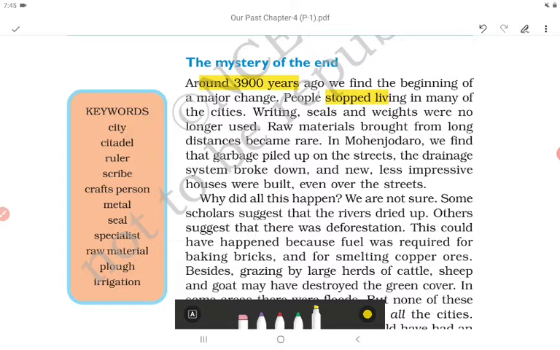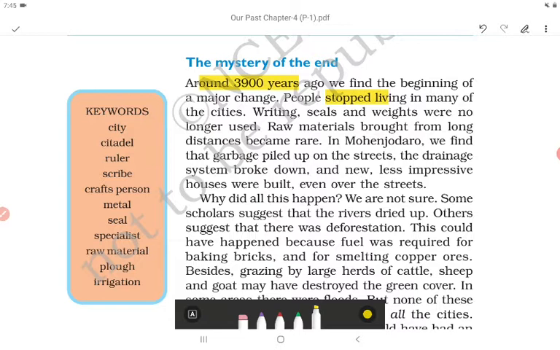Raw materials brought from long distances became rare. In Mohenjo-daro, we find that garbage piled up on the streets. The drainage system broke down, and new, less impressive houses were built even over the streets.